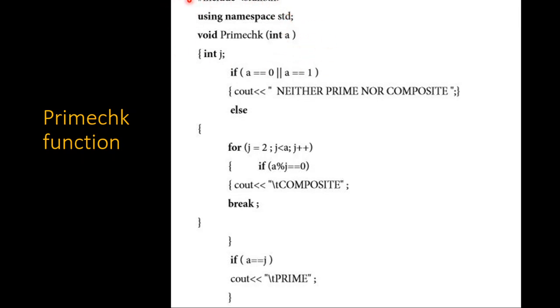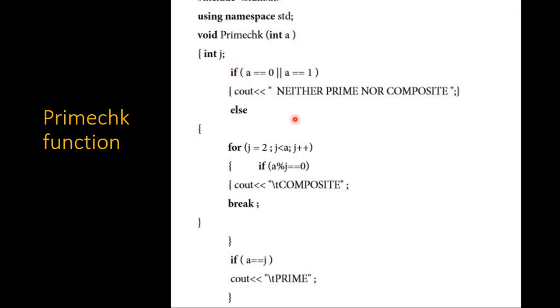When writing a program using functions, we first have to define all the functions we are going to use. In this program we are going to use two functions. One is prime check, which checks whether the number is prime or not.